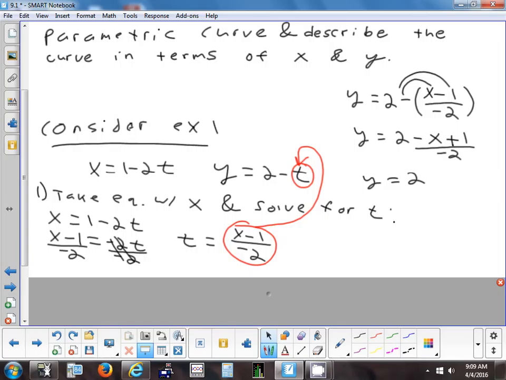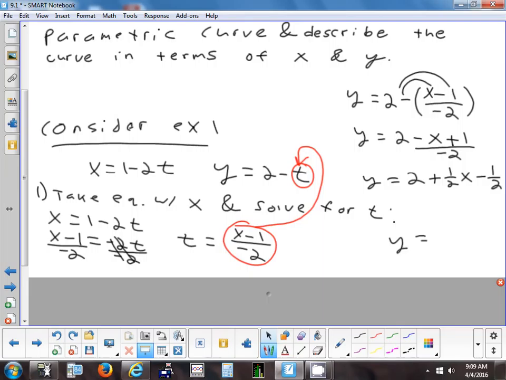What's going to happen if you do negative x divided by negative 2? It's going to be positive. So I'll write positive x divided by 2, which is the same as a half x. And now 1 divided by negative 2 is negative a half.